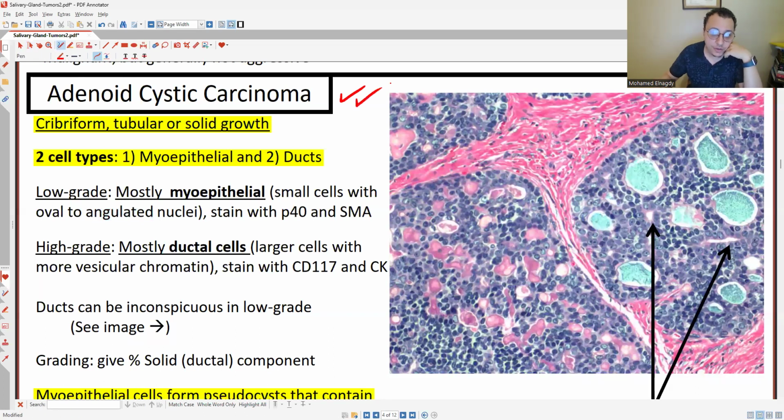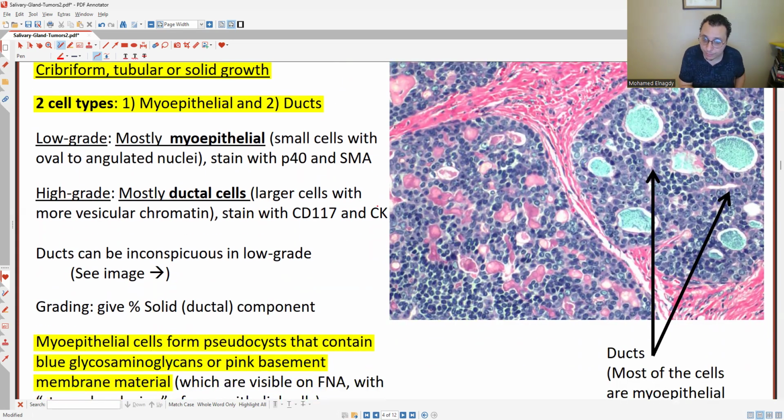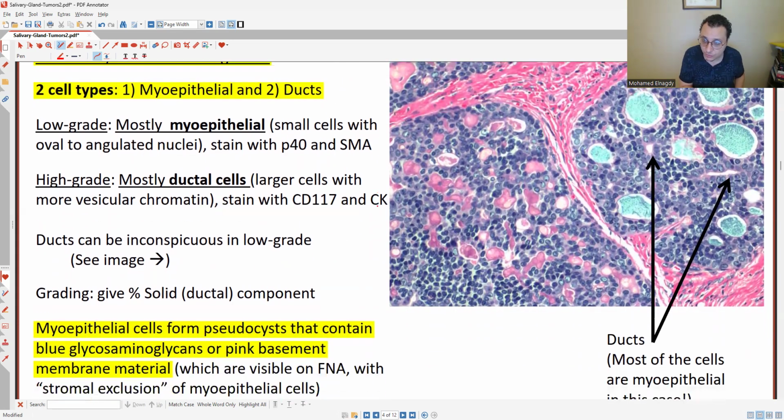We're starting with the adenoid cystic carcinoma. As you see, it's adenoid. Adenoid makes you remember that this has tubules, usually with a tubular architecture. See these cells lining a lumen?